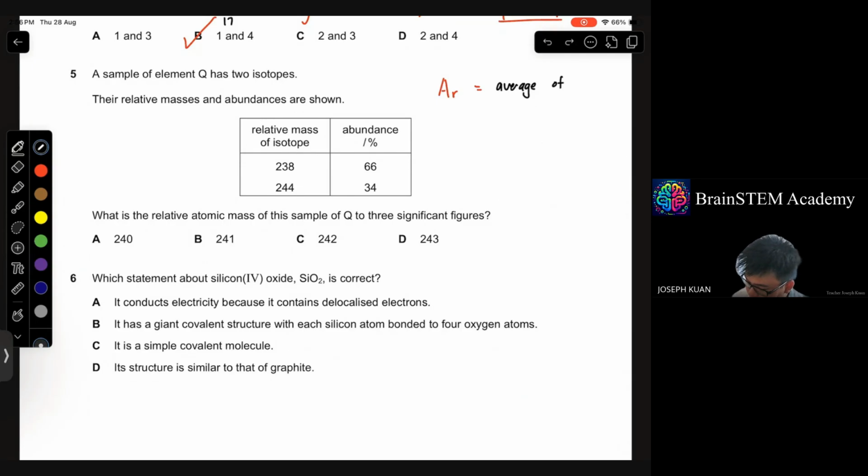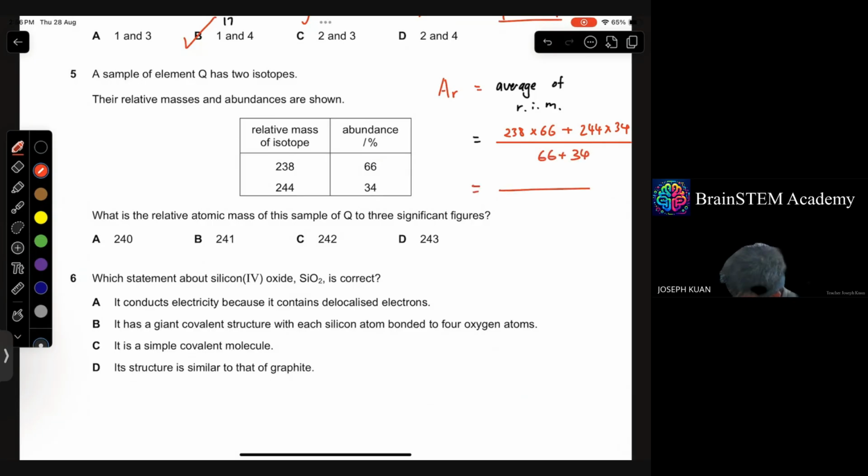So to find the average of the relative isotopic masses, what we do is we take 238 multiplied by 66, given that this is like the frequency, and sum them up together with 244 multiplied by 34, divided by total frequency. So total frequency is these two values added up to each other.